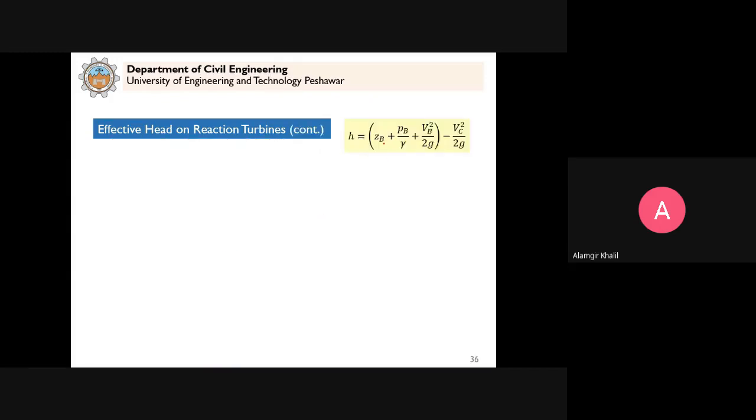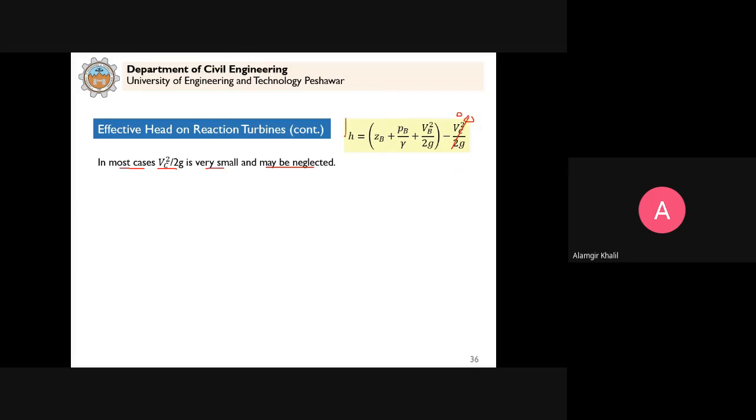In most cases, this VC square by 2g is very small and may be neglected.